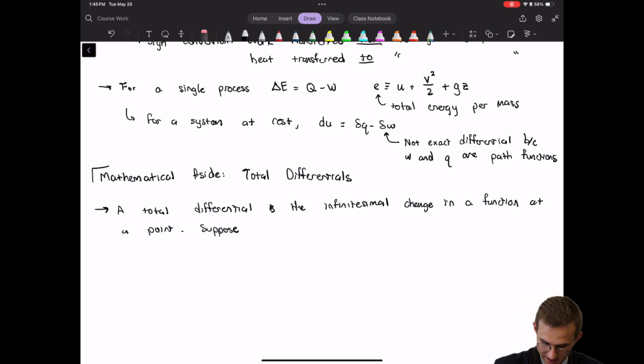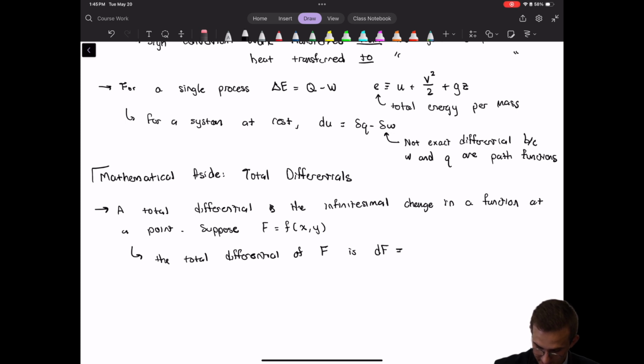So let's suppose that we have some function f, which itself is a function of x and y. It's a function of both x and y, okay? The total differential of f is df equal to the partial derivative of f with respect to x, holding y constant.